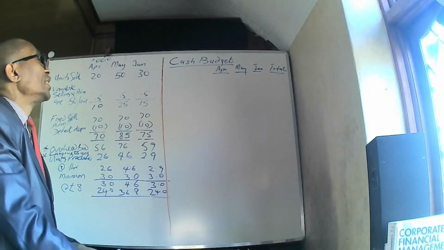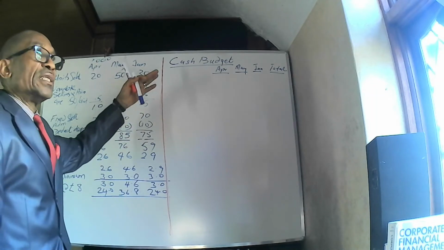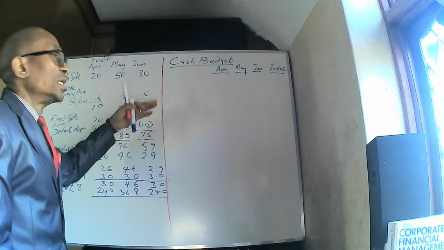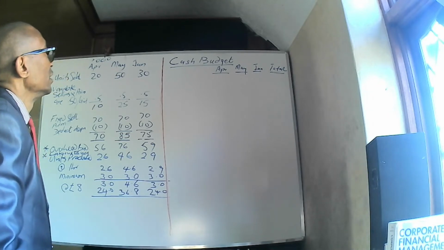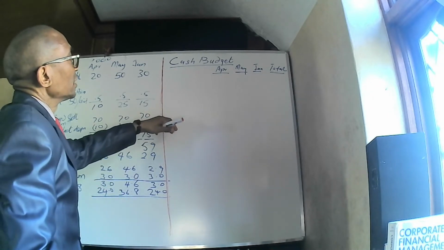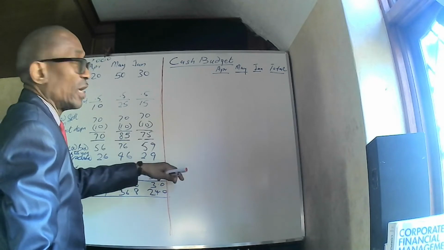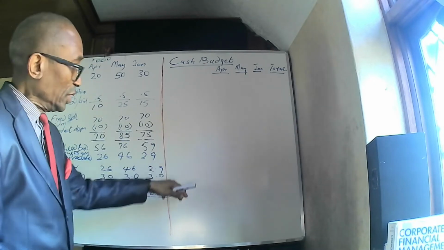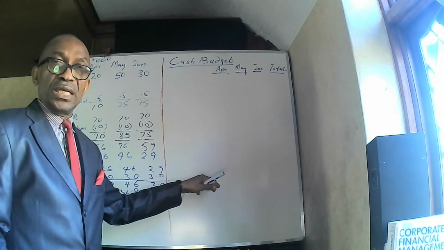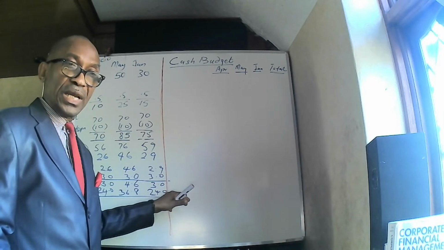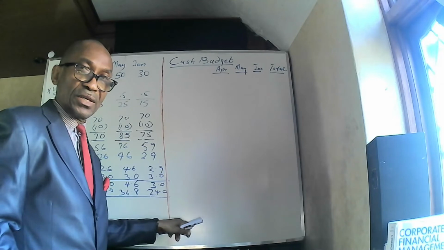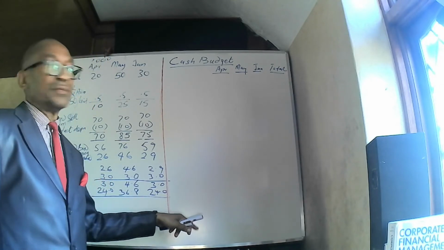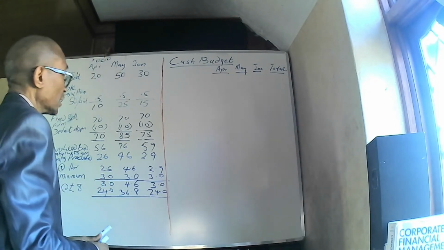The way I will approach this is the upper part is the receipts, cash receipts, and the lower part is the cash payments. So we get the total of cash receipts, get the total of cash payments, we have net cash flow, then we bring in the opening cash at the beginning, add it to the net cash flow to arrive at the closing balance. So let's start.